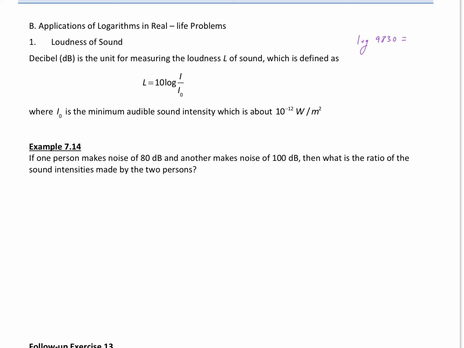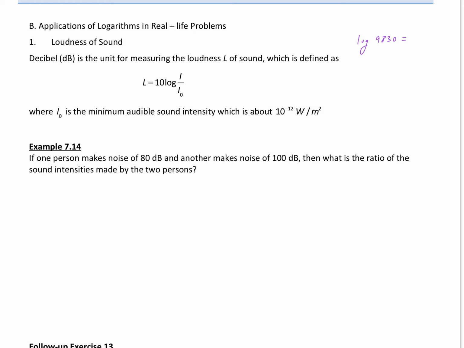The first one is the loudness of sound, which is related to the sound intensity. But the sound intensity in general is very small, for example 10 to the power negative 13 watt per meter square. The value is very small.